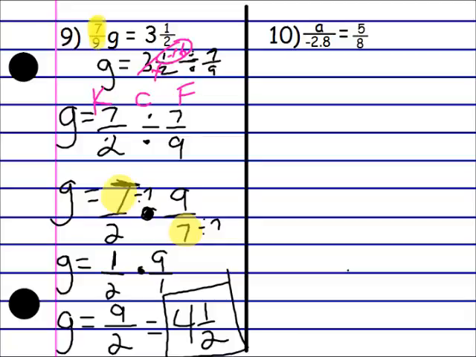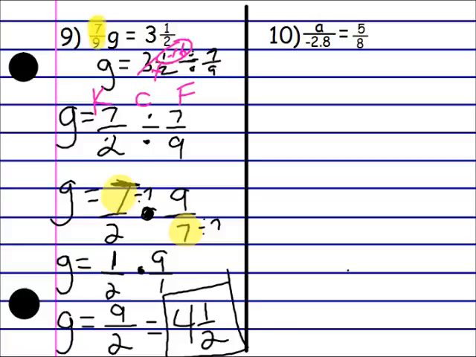Finally, example 10. A divided by -2.8 equals 5/8. Now this one might have stumped you a little bit, because we not only have a fraction, but we have a decimal. So it's your choice here whether you want to convert the decimal to a fraction or the fraction to a decimal. I bet you chose to convert the fraction to a decimal.